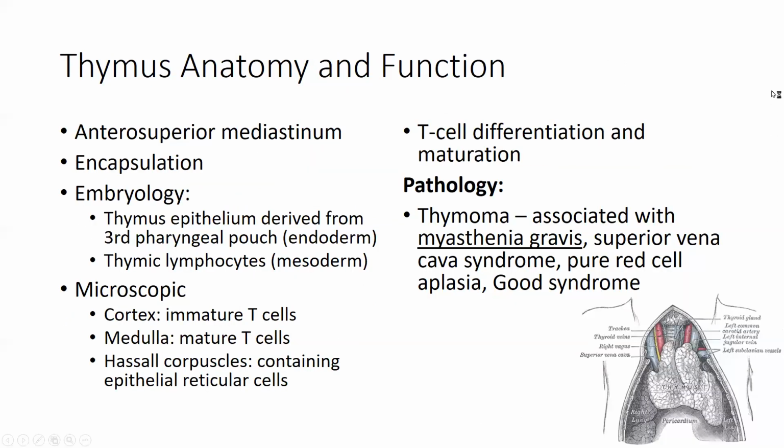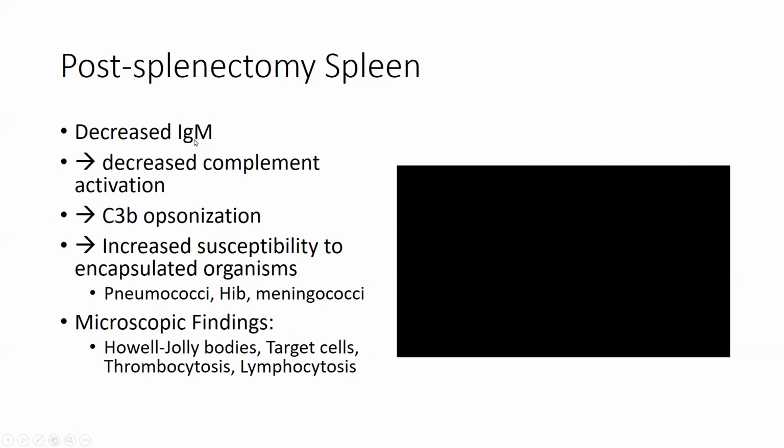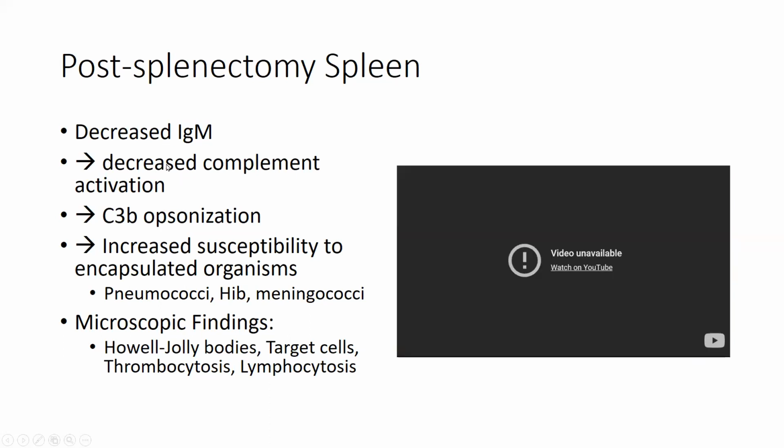After a spleen is removed, I'm not going to play this video, but the only thing I want you to recognize is that you will see decreased IgM, you'll see decreased complement activation. You're going to have increased susceptibility then to encapsulated organisms because you're going to have less ability to opsonize, less ability to target an organism that's encapsulated.